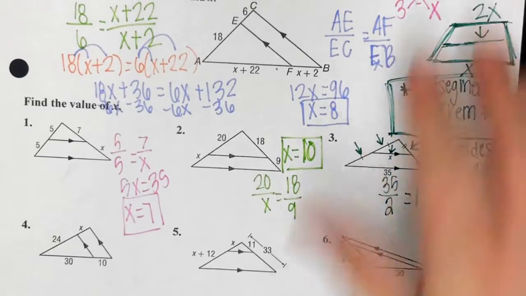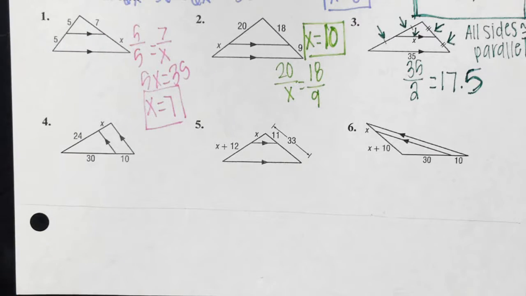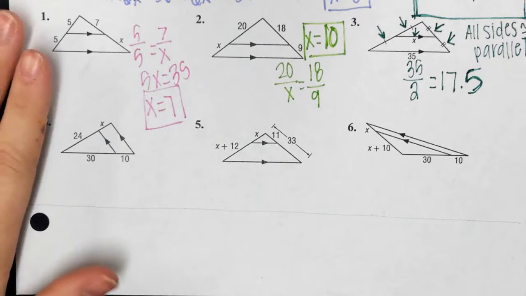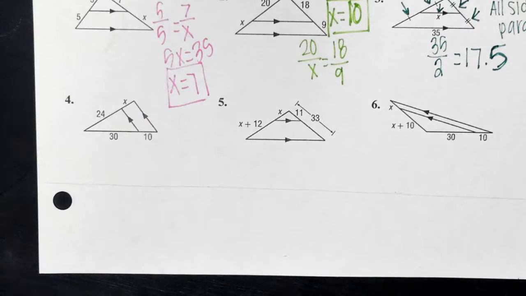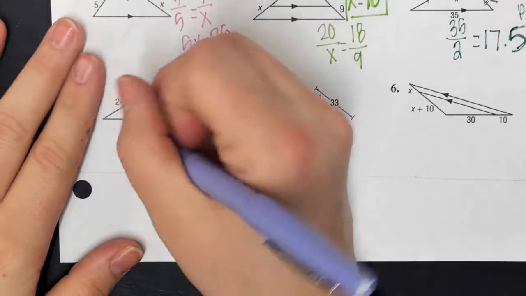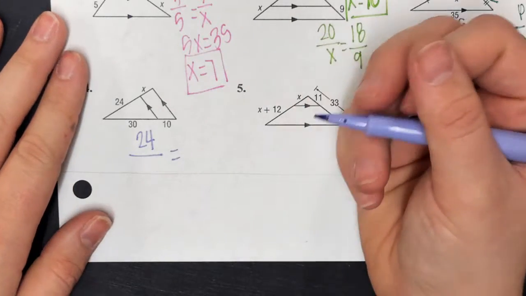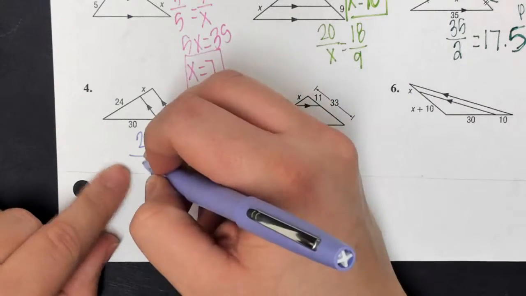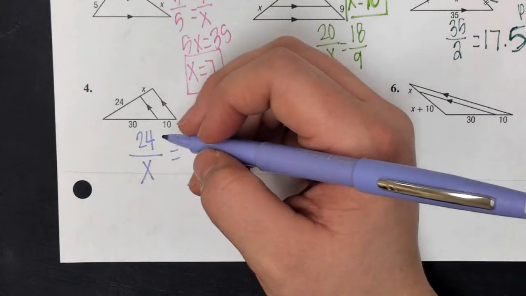Yes, ma'am. That is the answer. Heaven told me she got 8 for number 4. Okay, Heaven, explain it to me. I did 24 over x, side to side. But, Heaven, you got the same answer.